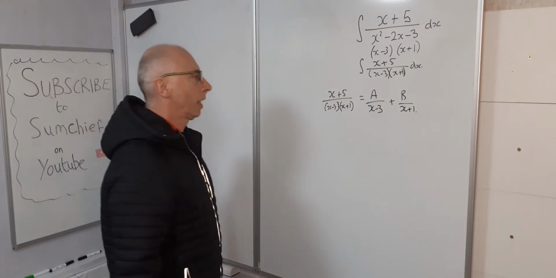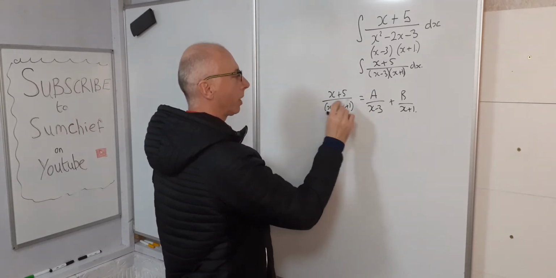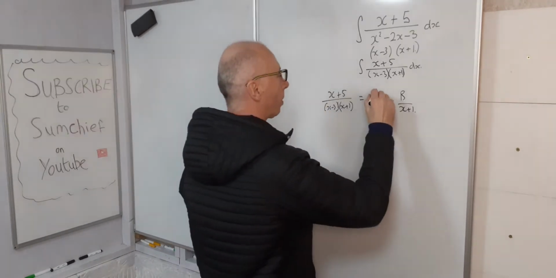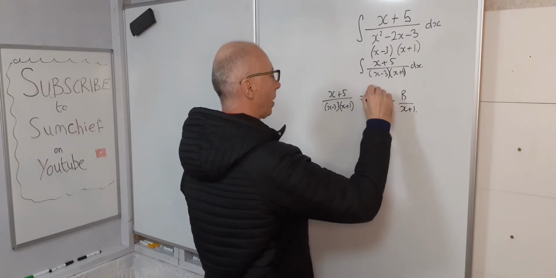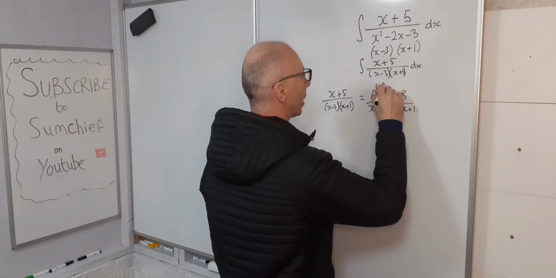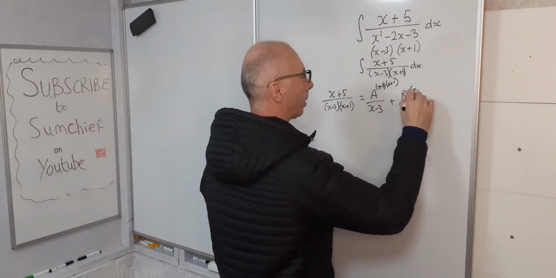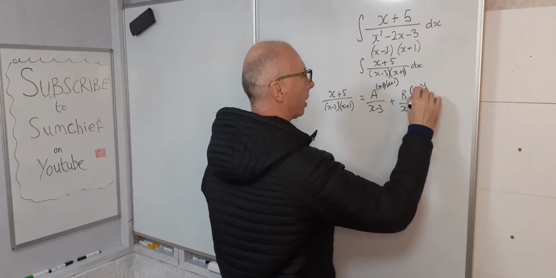Okay, so we've put these two terms on the bottom, so now we need to put them on the top. So if we multiply the A by x minus 3 and x plus 1, same here, B with the x minus 3 and x plus 1.